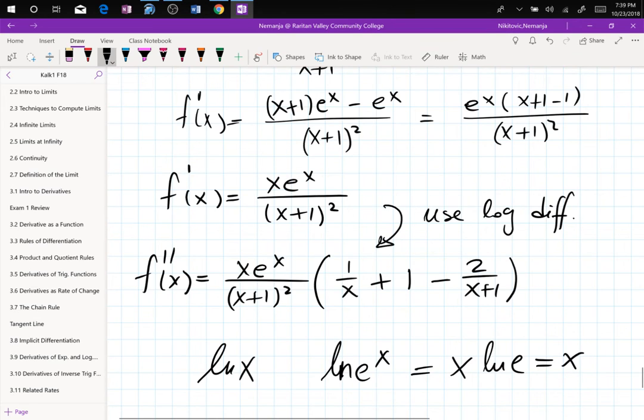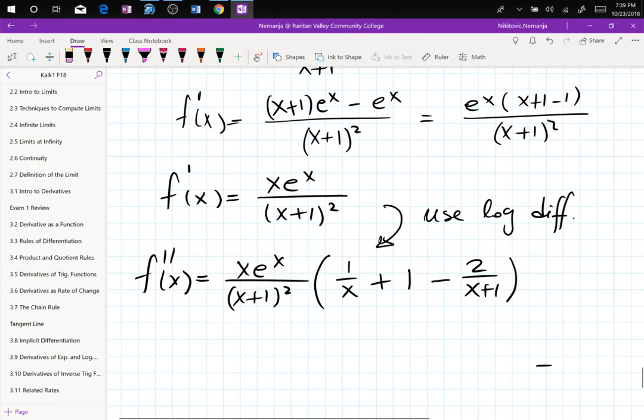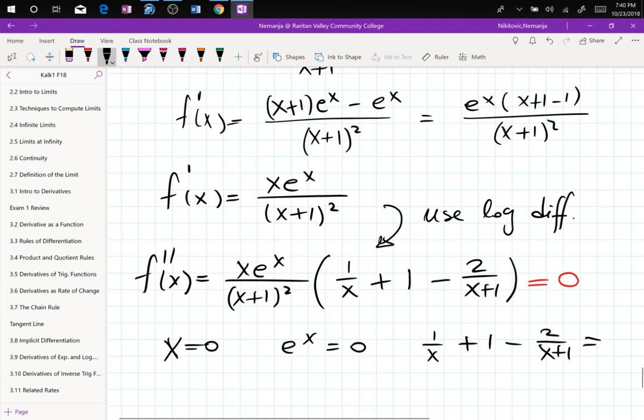And then finally you have 2 ln x plus 1, and that's that. So it's very fast to take this derivative, and all you need to do now is set this equal to 0. You have x equals 0, you have e to the x equals 0, and you have 1 over x plus 1 minus 2 over x plus 1 equal to 0.